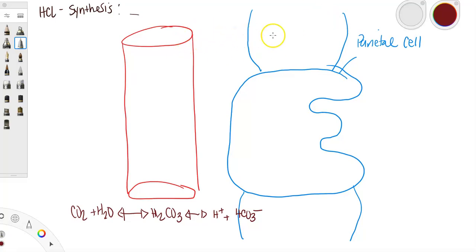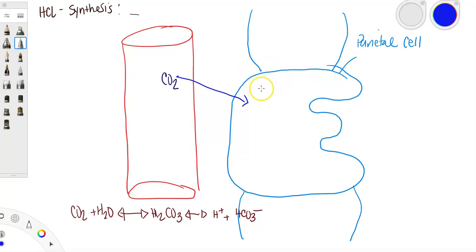All right, so in the blood, you'll have CO2. And CO2 will come into the parietal cell. So CO2 comes into the parietal cell.